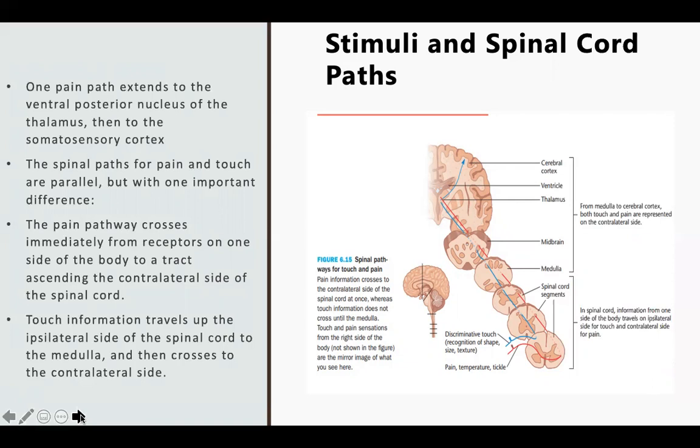The pain pathway crosses immediately from receptors on one side of the body to ascend the contralateral side of the spinal cord. The touch information travels up the ipsilateral side of the spinal cord to the medulla and then crosses to the contralateral side. So consider what happens to pain and touch if someone receives a cut that goes halfway through the spinal cord.